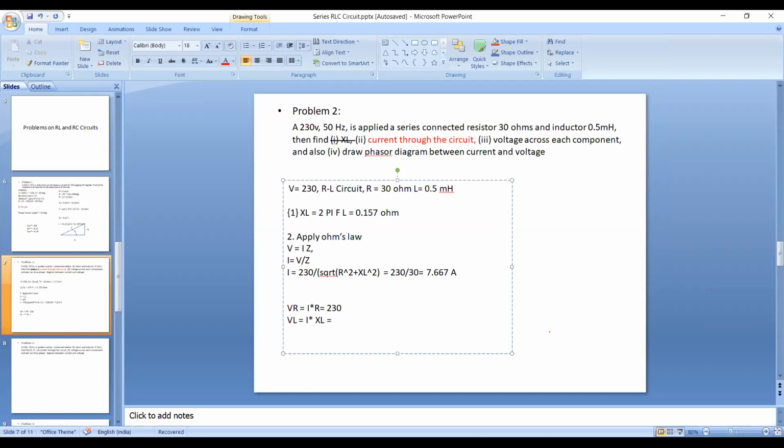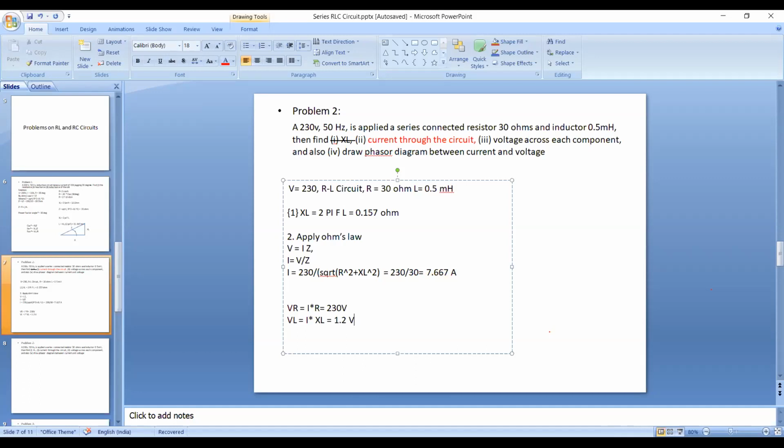230. Correct? Yes, sir. And 1.2 volts. So that means the circuit is 229.8, sir.